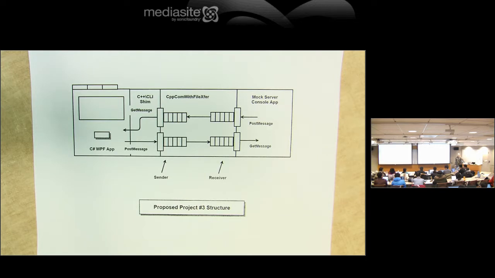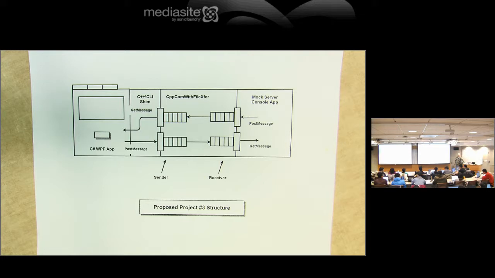So there's several ways we can go from here. We can talk about requirements. We can look at the communication code. I can pull up, if I can find it, a C# console application and look at that. How many vote for requirements?